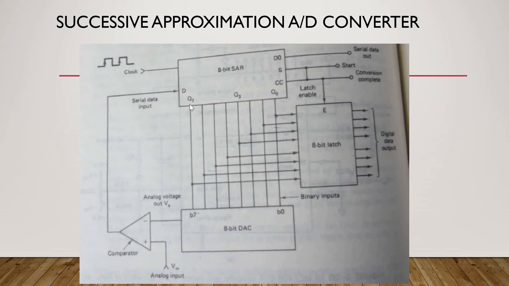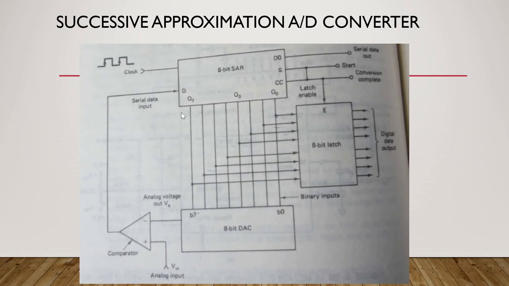On the first clock pulse, low to high transition, the most significant output bit, that is Q7 of the SAR, is set. For the first clock pulse, this will be set. Set means logical value is 1. Reset means logical value is 0.